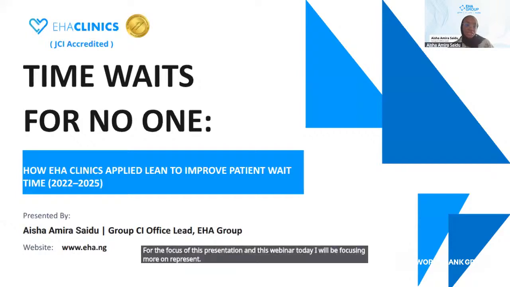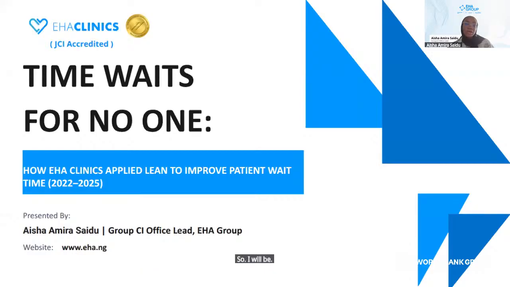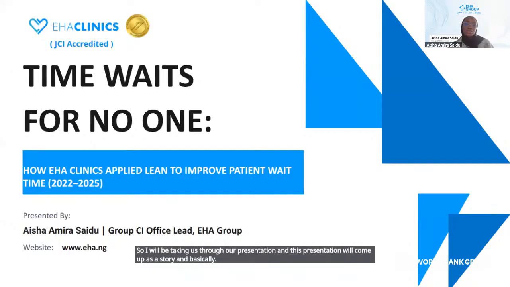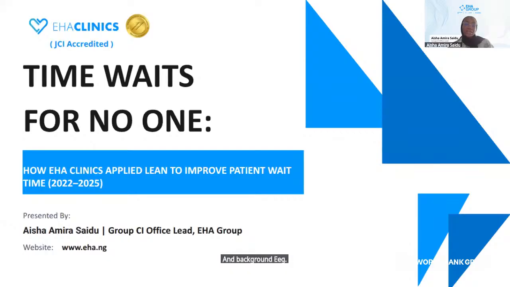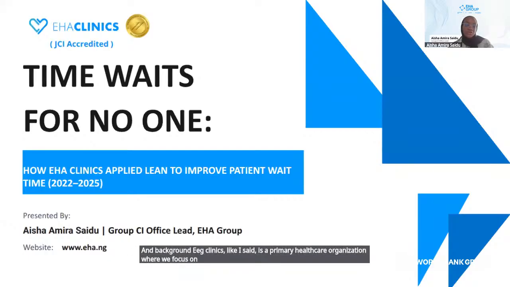But for the focus of this presentation and this webinar today, I will be focusing more on representing EHA Clinics. So I'll be taking us through our presentation, and this presentation will come up as a story, and basically just taking you through the journey that we've been working on since 2022. In background, EHA Clinics, like I said, is a primary healthcare organization where we focus on primary healthcare services.